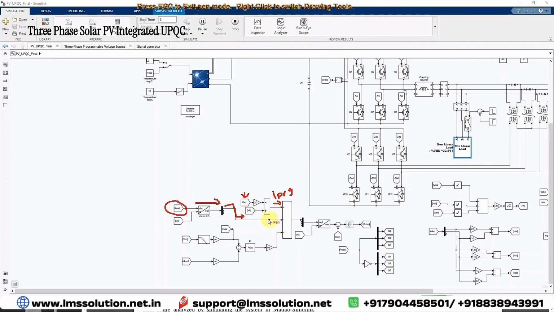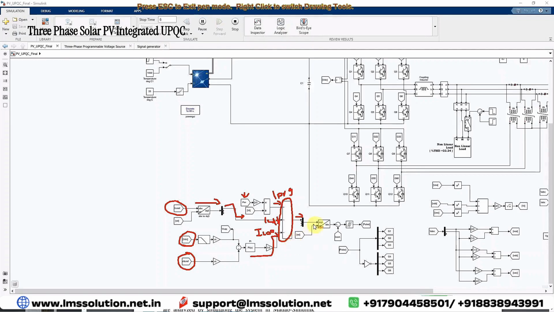This is nothing but ILD, and then based upon the P&O we have that reference voltage. This reference voltage is going to be compared with the actual DC voltage and processed via a PI controller. So this will provide the loss current, I loss, and then here we are summing these three currents. This is going to be known as ISD star.